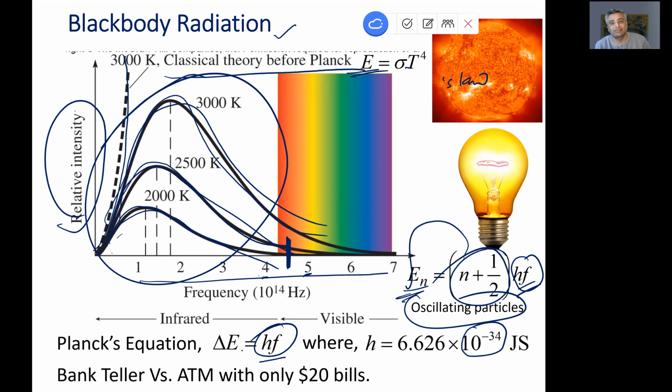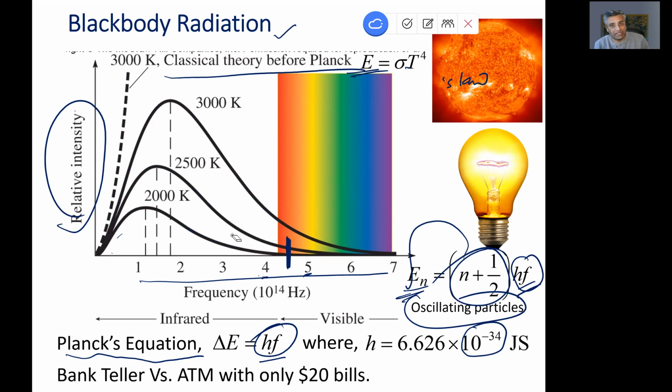Any higher amount of energy from that frequency is going to be 2 times that, 3 times that, and so on. So they are quantized, right? This idea was first used by Planck, and the same idea was used to describe this experimental phenomenon.